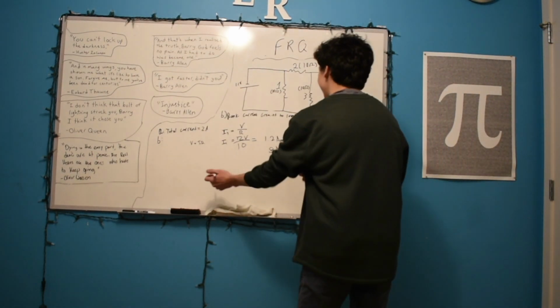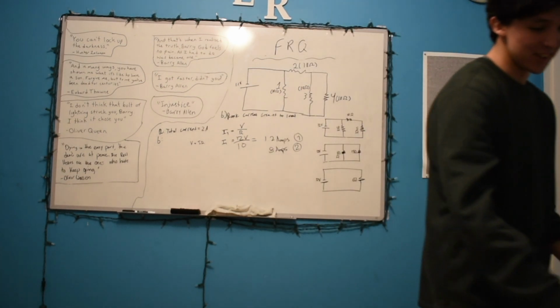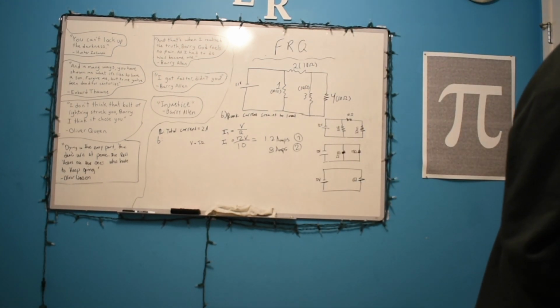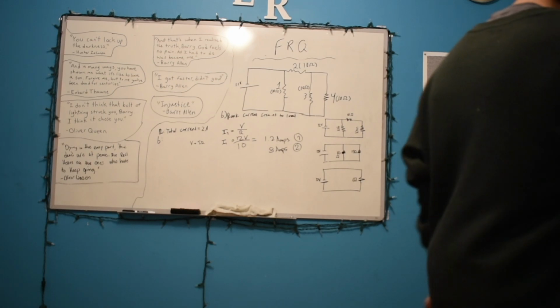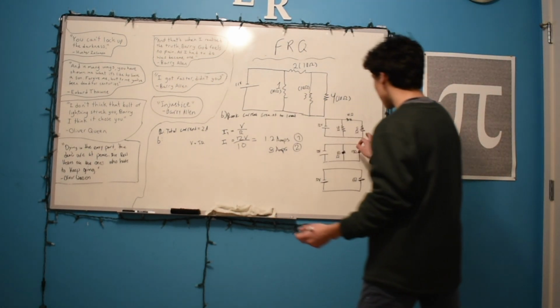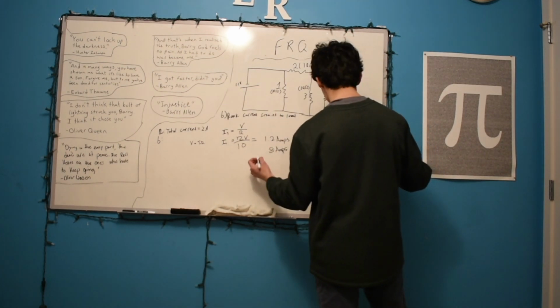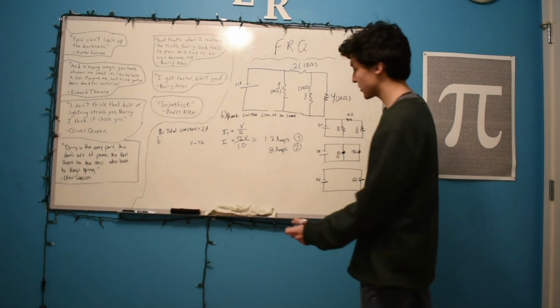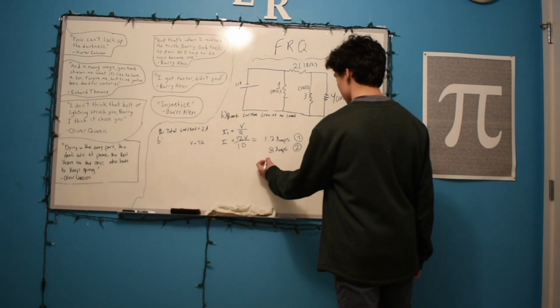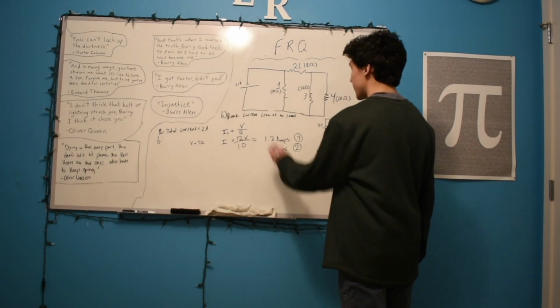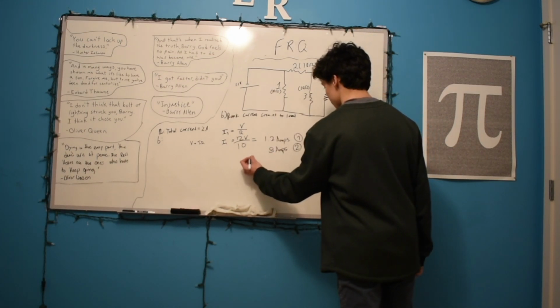Okay, yeah, I can't do math in my head right now. 5 times 0.8. Okay, so for this one, the voltage is 4 volts. Is that right? Yeah. Let me put this here.